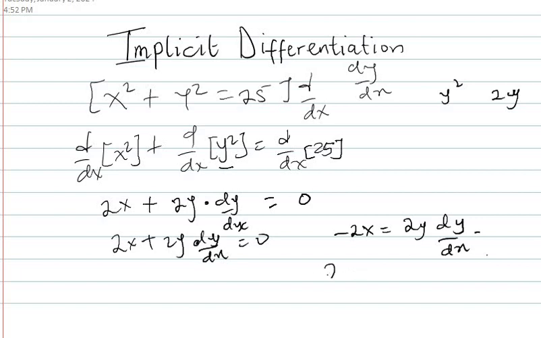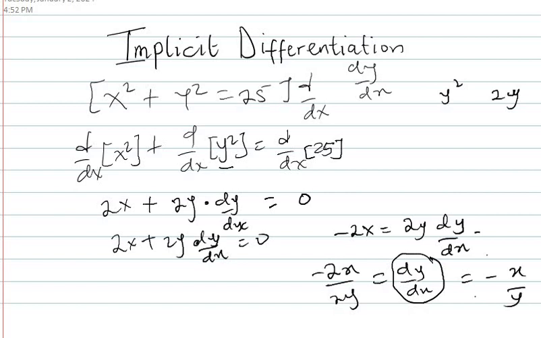So minus 2x by 2y is equal to dy dx. The 2 cancels 2, so dy dx is equal to negative x by y.